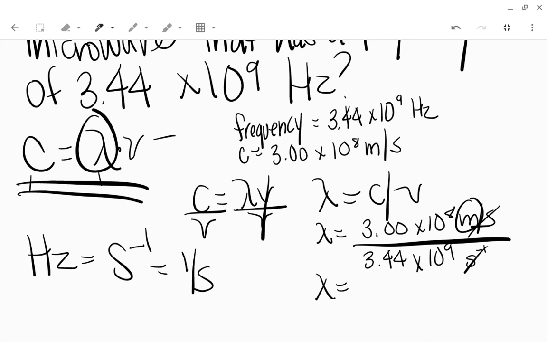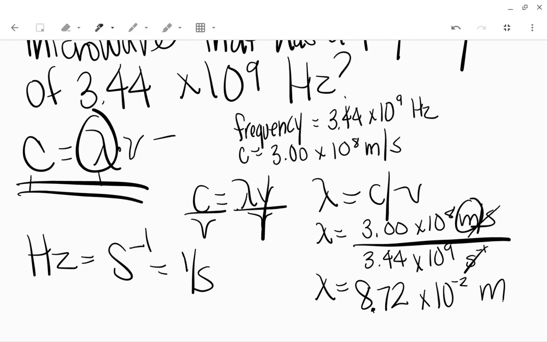And here we go. Wavelength equals, let me calculate this. So it will equal, and I'm going to round here, 8.72 times 10 to the negative 2 meters.